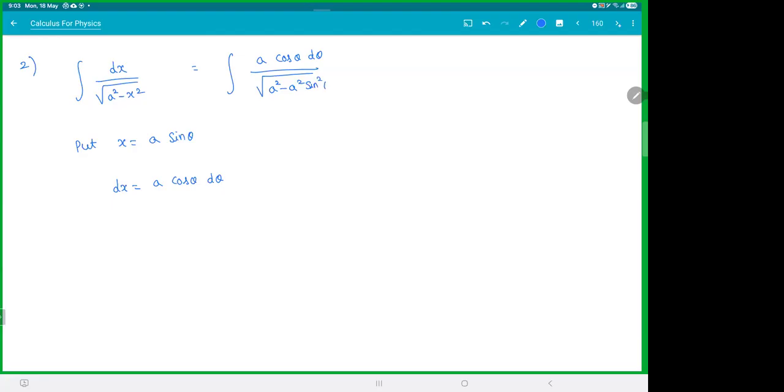A square minus a square sine square theta. This would become integral d theta, which is theta. So what is this integral exactly? But what is theta here?